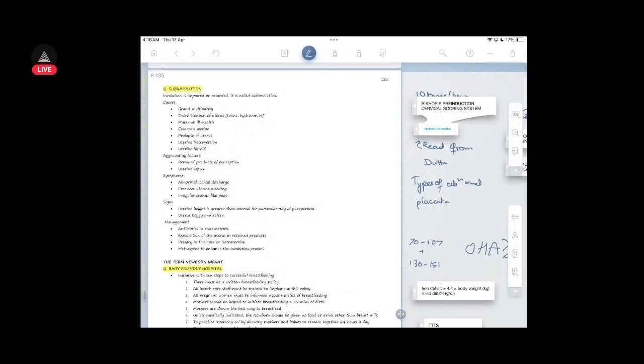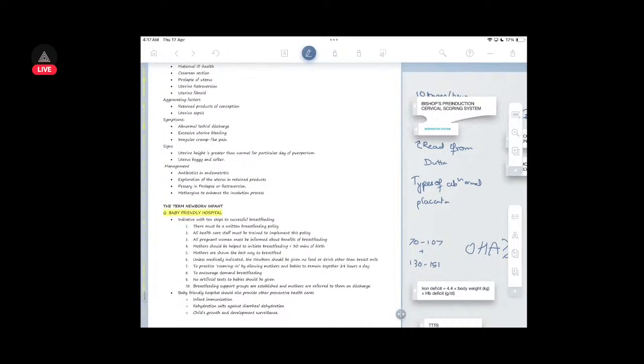Signs: uterine height is greater than normal for the particular day of puerperium, and the uterus is boggy and softer. Management: antibiotics in endometritis, exploration of uterus for retained placenta, pessary in prolapse or retroversion, and methergine to enhance the involution process.